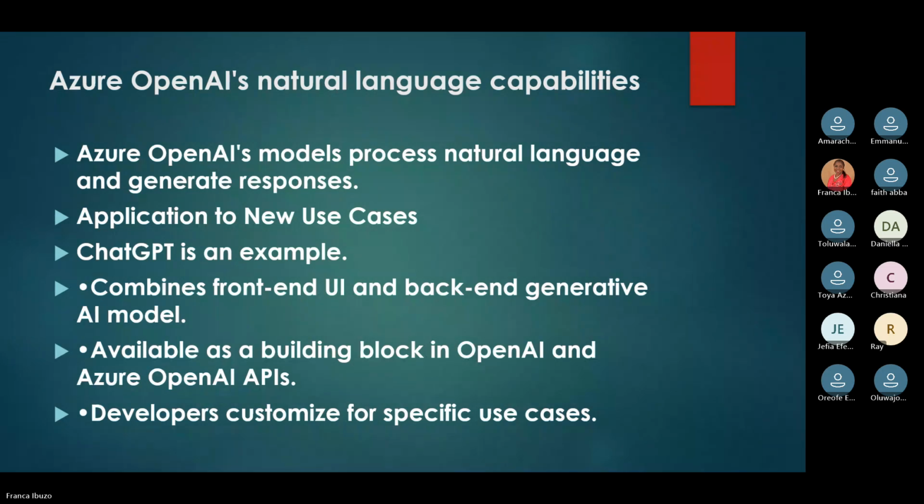This combines a front-end UI and a back-end generative AI model, available as a building block in OpenAI and Azure OpenAI APIs, and developers customize it for specific use cases. These are the capabilities of the OpenAI natural language.